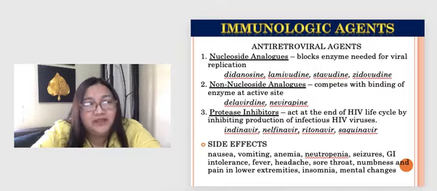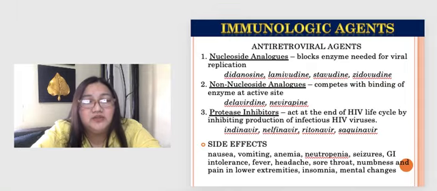Pero syempre, ang mga patients na may HIV na namumuhay na almost free, no? Is not really totally free, pero sila ay religiously nagagamot, tsaka maaga pa lang na umpisahan na yung treatment nila para dito sa HIV.